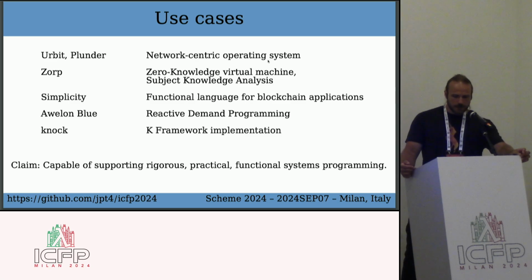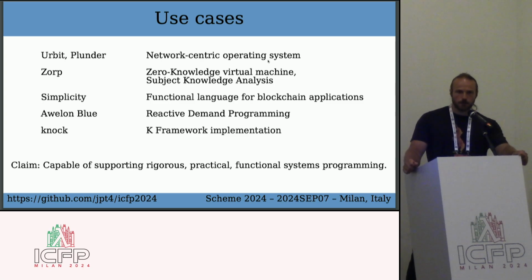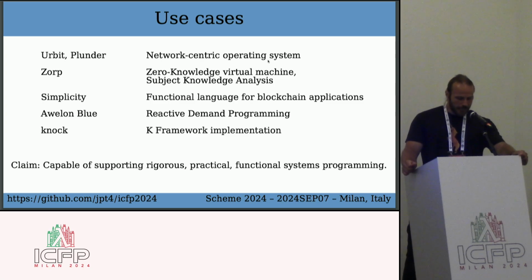And then there has been some previous work in doing deep academic analysis of Nock. I refer specifically to Edward Amsden's subject knowledge analysis for optimized compilation, and Richard Hjort's Nock, which is a K-framework implementation out of University of Illinois Urbana-Champaign, I believe.